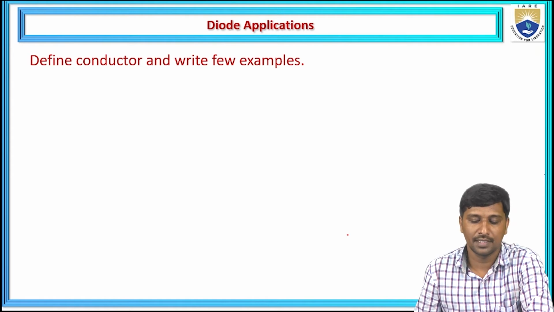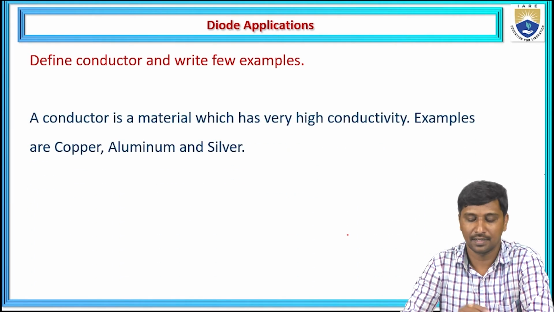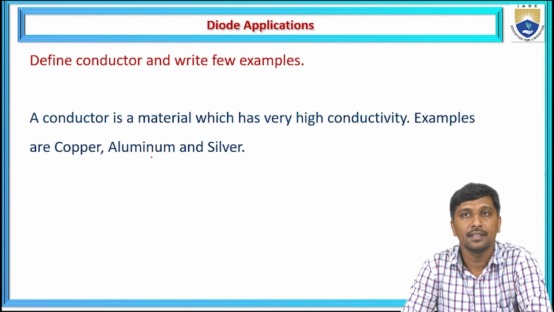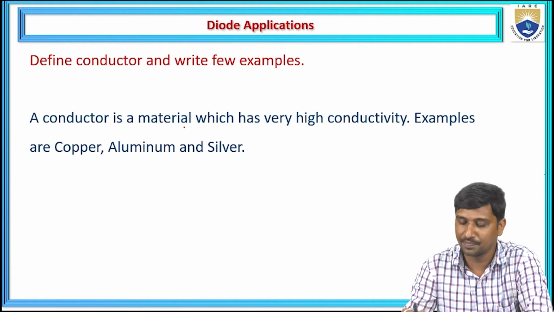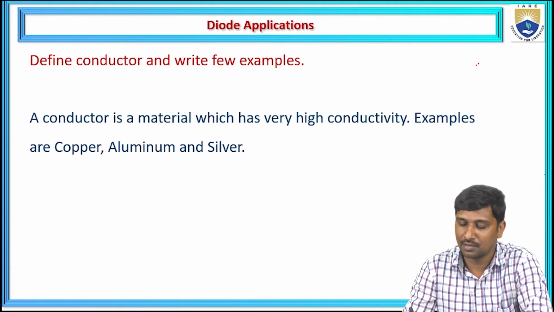Now define conductor and write a few examples. What is the meaning of conductor? Generally, a conductor is a material that has very high conductivity. We have different types of materials: conductors, semiconductors, and insulators.